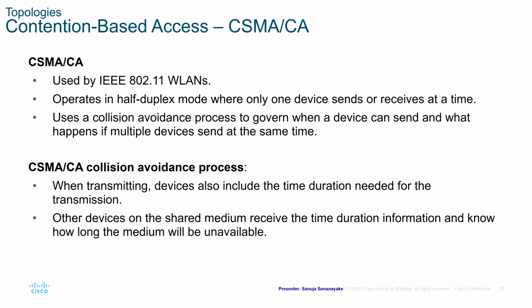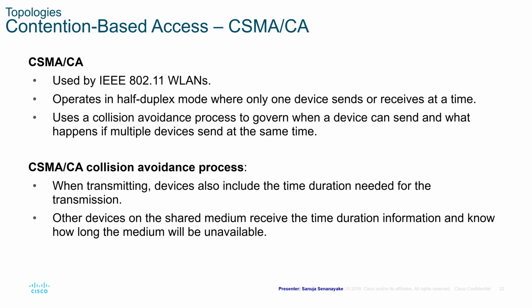CSMA/CA is used by IEEE 802.11 wireless LANs, operates in half duplex mode, where only one device sends or receives at a time, and uses a collision avoidance process to govern when a device can send and what happens if multiple devices send at the same time.